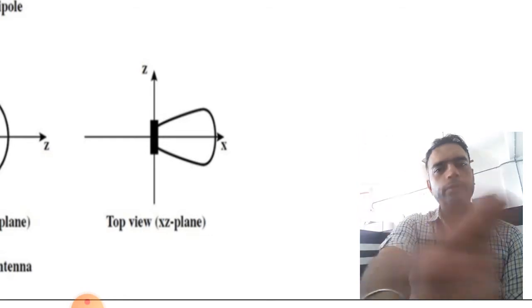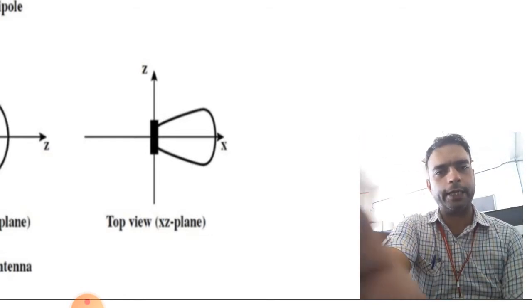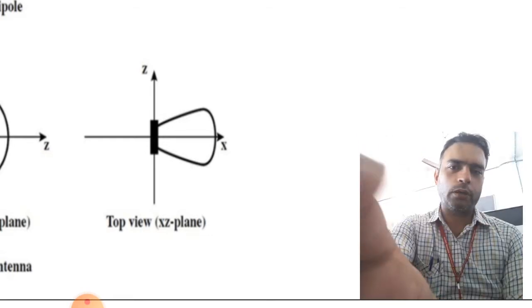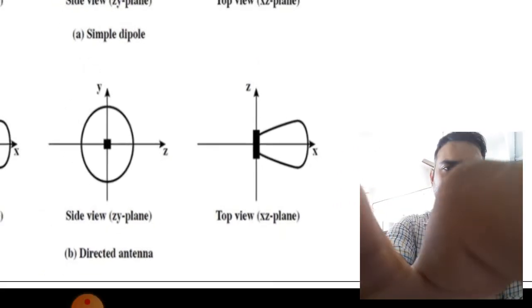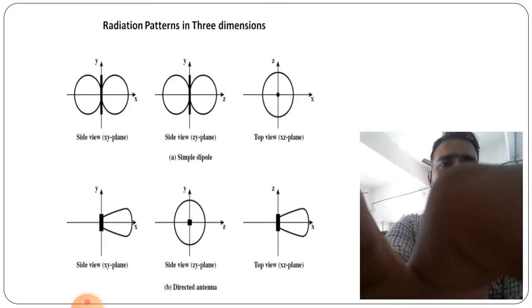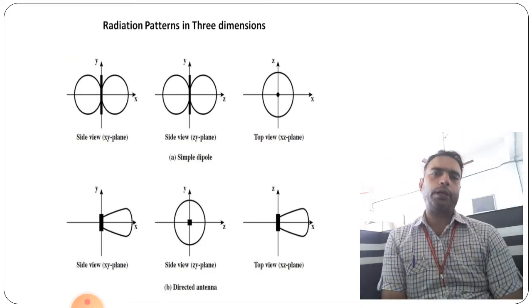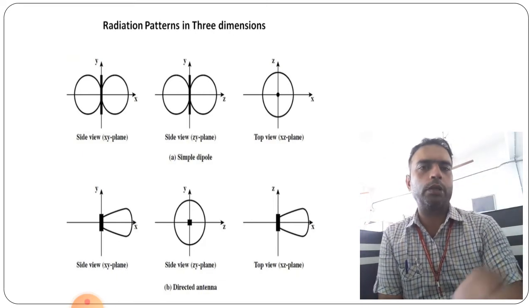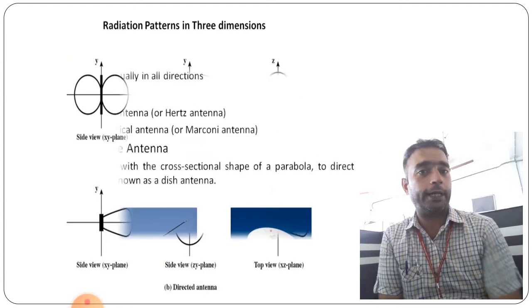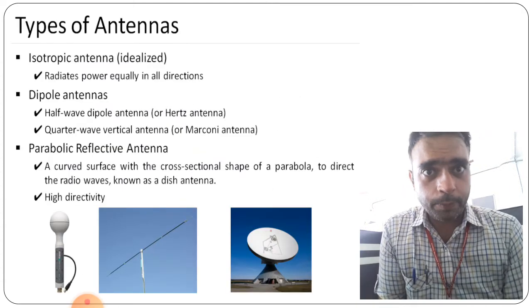And the top view is also showing the right side part. So this is the directed antenna, in which the particular antenna is receiving or radiating in a particular direction into space, directing the electromagnetic energy towards that.